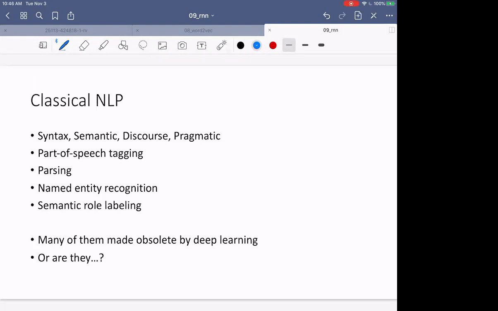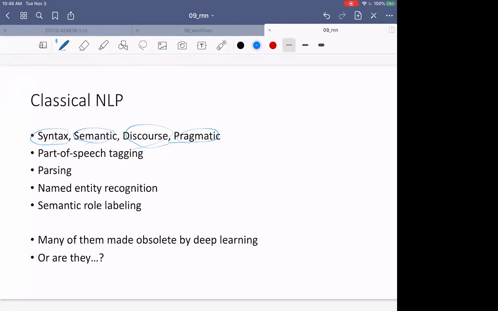A sentence can consist of syntax, which is grammar, and then semantics, which is the meaning. Discourse is the more abstract meaning, like being sarcastic or humorous or rhetorical. Pragmatics is also a higher, more abstract meaning.